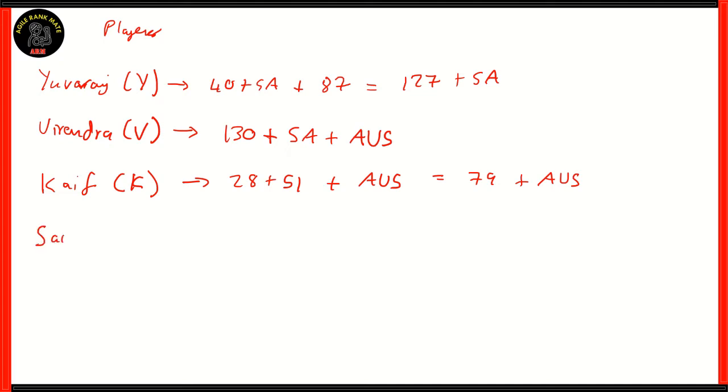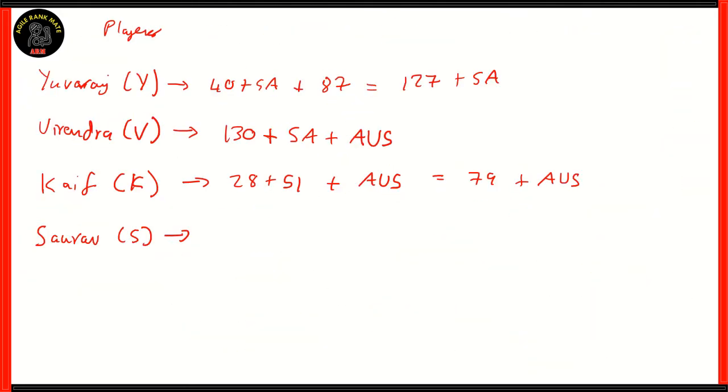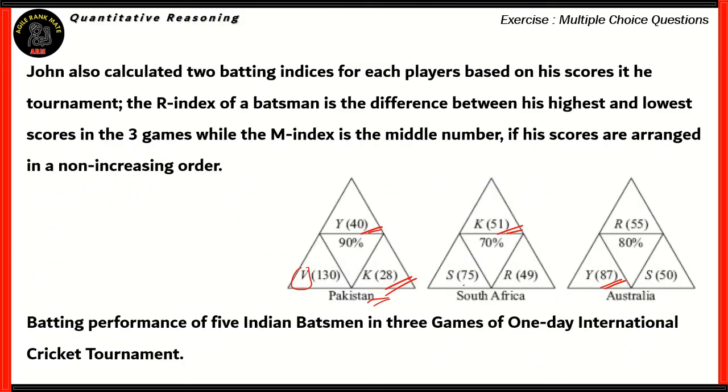Next we have Saurav, represented by S. Now Saurav is not on the list against Pakistan, so therefore we will represent it as Pak. Now against South Africa, Saurav scored 75 runs, and against Australia, Saurav scored 50 runs.